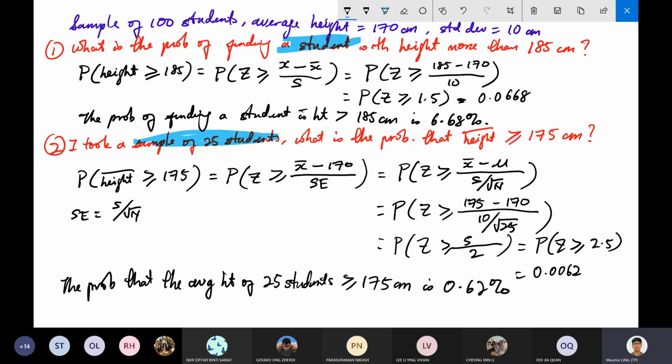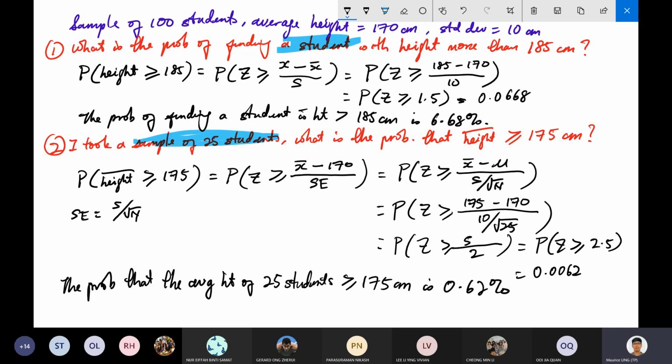Now, if you want to do statistics well, you have to learn normal distribution very well. Once you know how normal distribution works, everything in statistics is manageable. Normal distribution is the first checkpoint of statistics. If you do not know how to do that, then everything else from this chapter onwards, you are going to get confused.